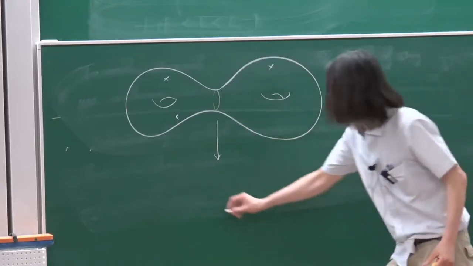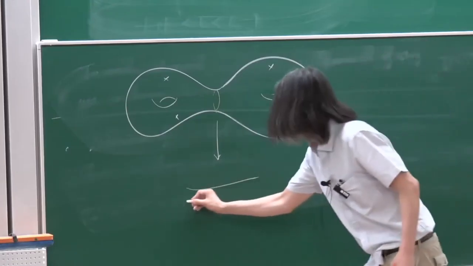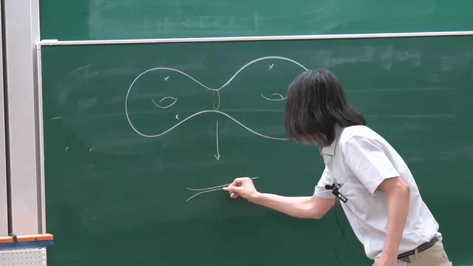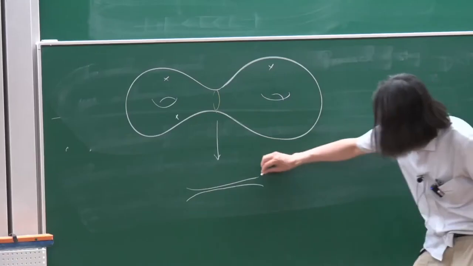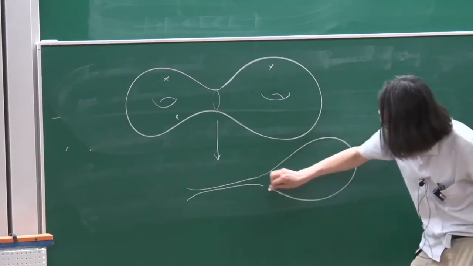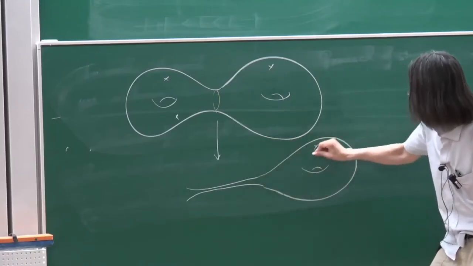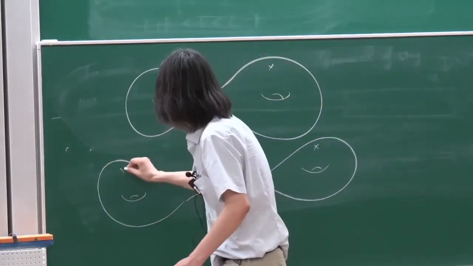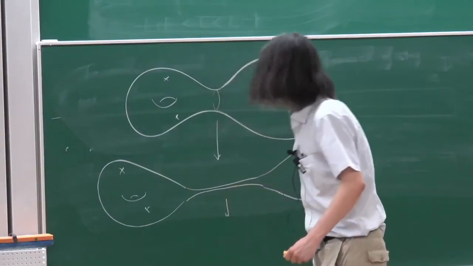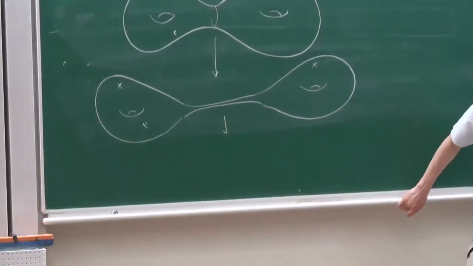In such a case, because of this hyperbolic structure, it actually develops really thin necks, and so it gets like this. And in the end, it decomposes into two.